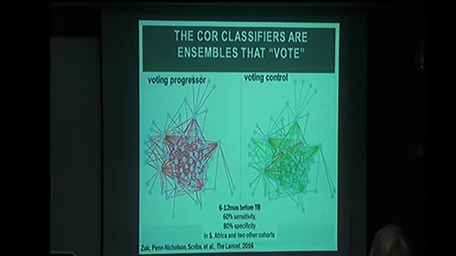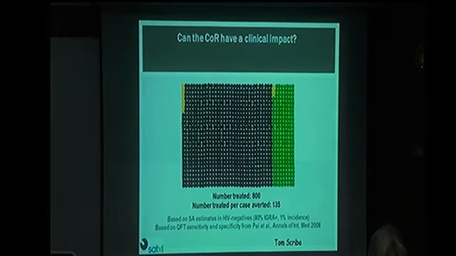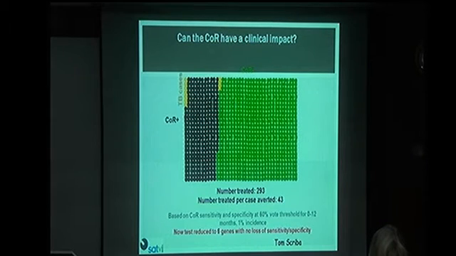So the sensitivity and specificity doesn't sound great from this, but let's look at it from this point of view. Okay, this was before: they had to treat 135 to avert one case.